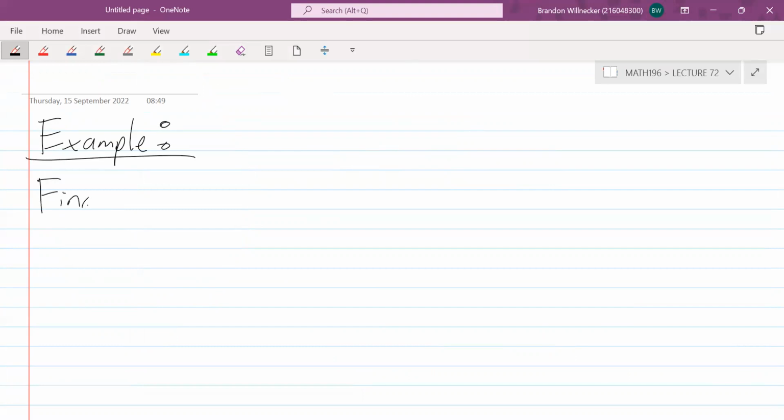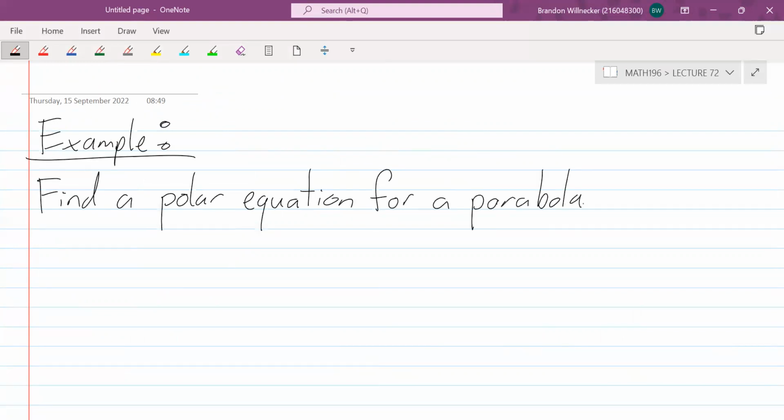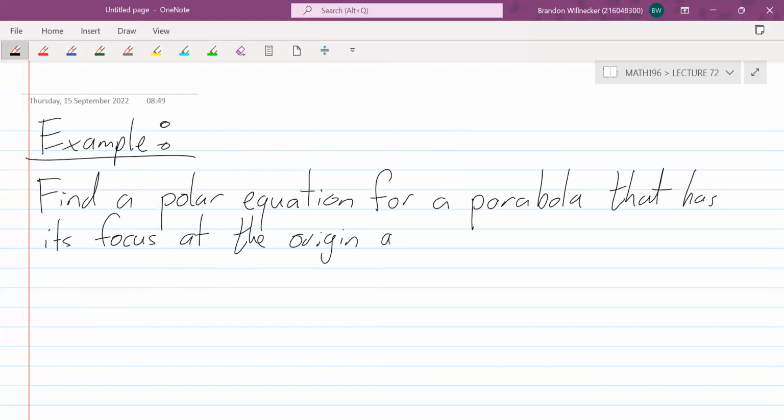Find a polar equation for a parabola that has its focus at the origin, and the directrix is given by y equals minus 6.